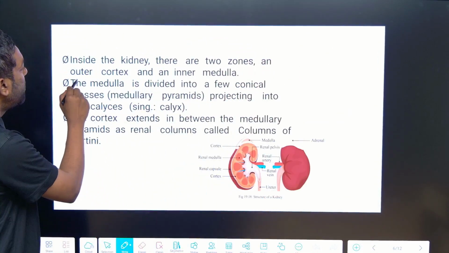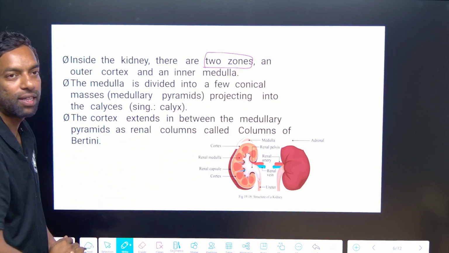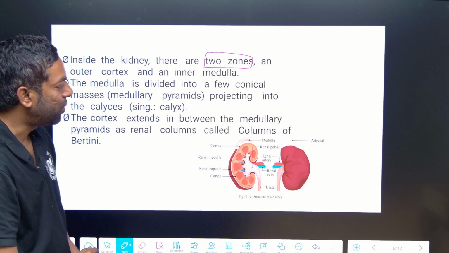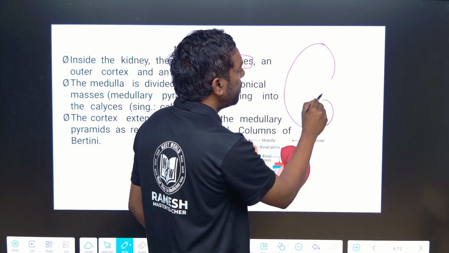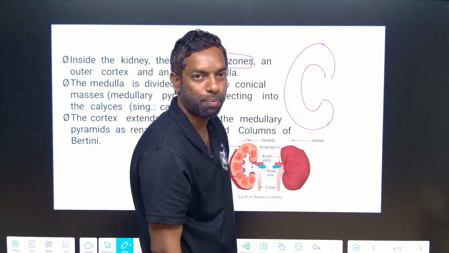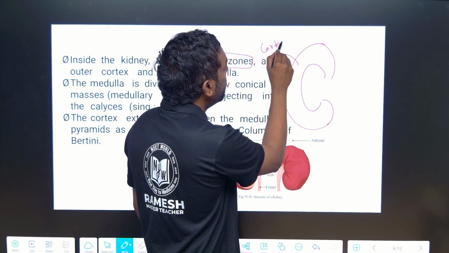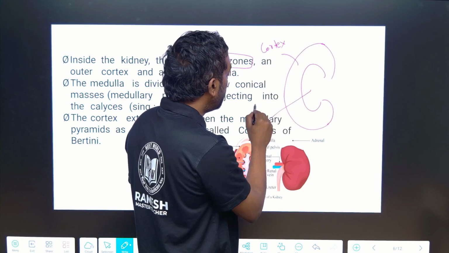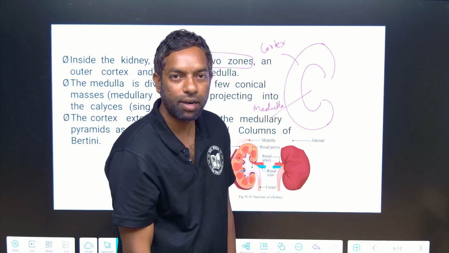Inside the kidney there are two zones. Just look into this, two zones. This part is the cortex, this part is the medulla. Cortex and medulla.